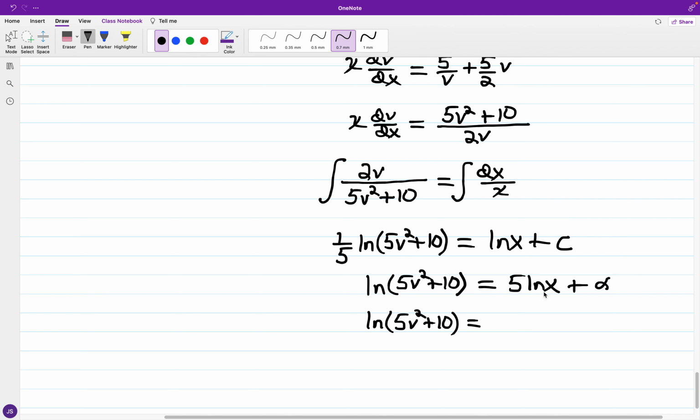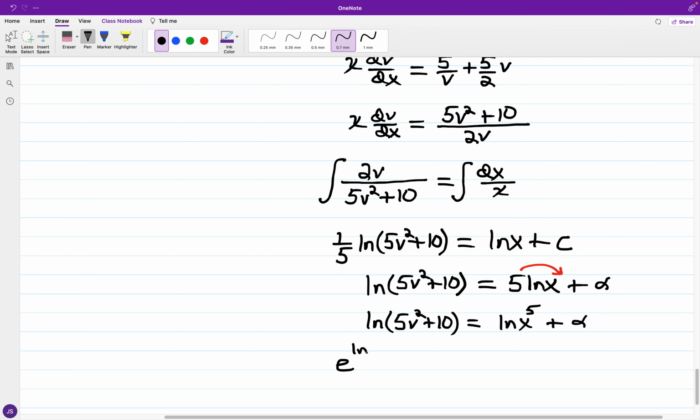And guess what? For 5 natural logarithm of x, I can make the 5 into an exponent. So we can see we have the natural logarithm of x to the 5th plus alpha.